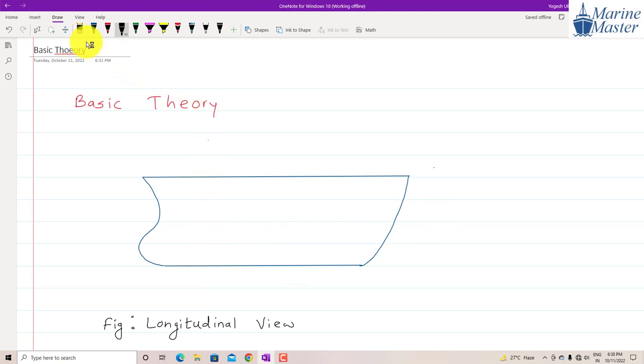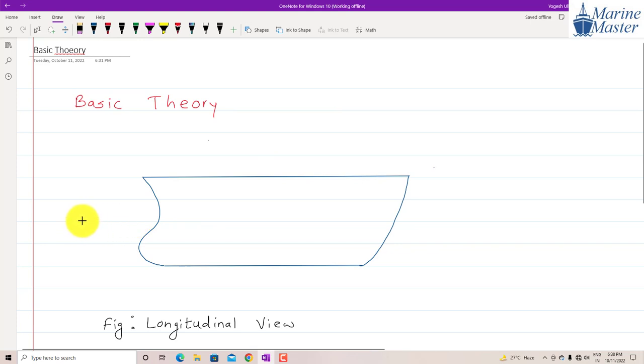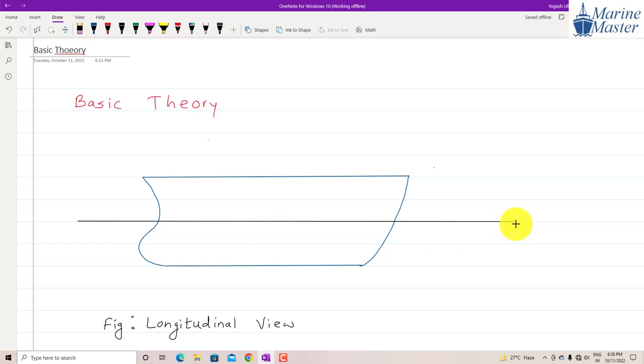Now try to see the scenario here. What does this line indicate, guys? This line indicates the water line. WL stands for water line.